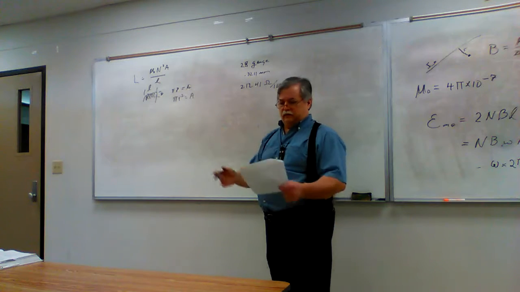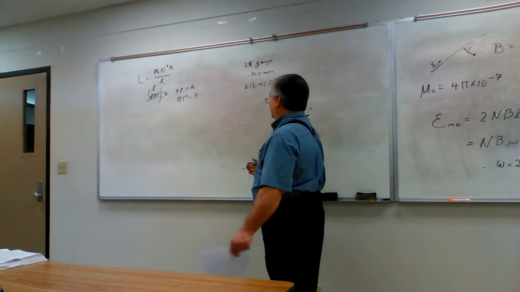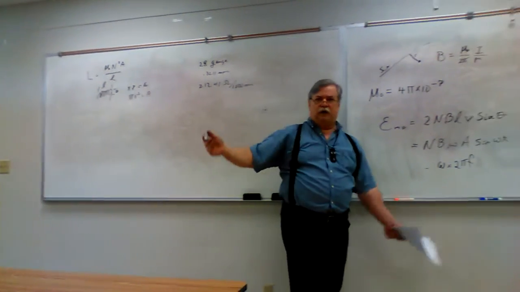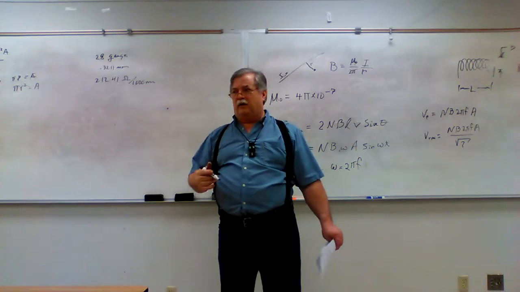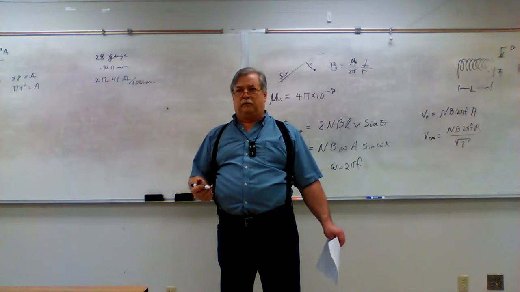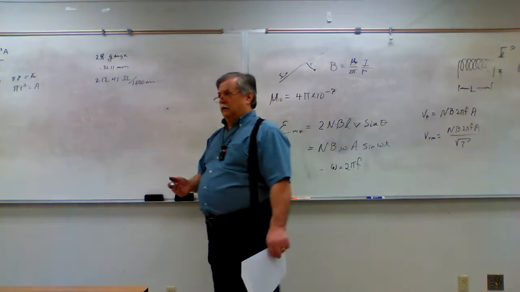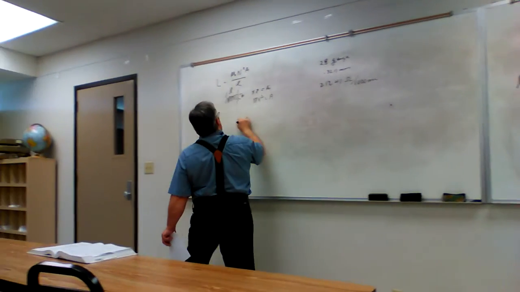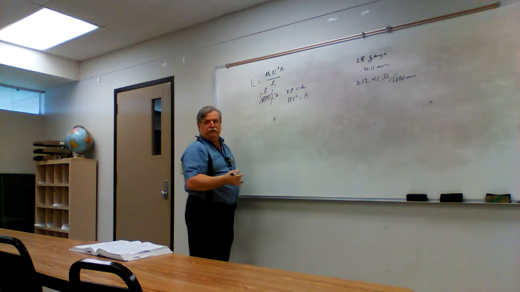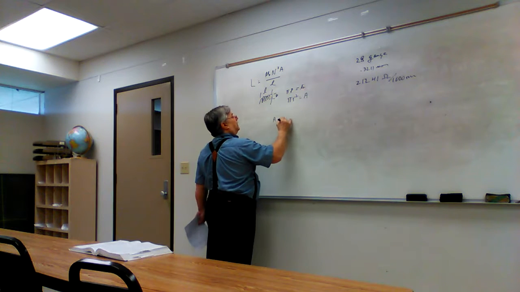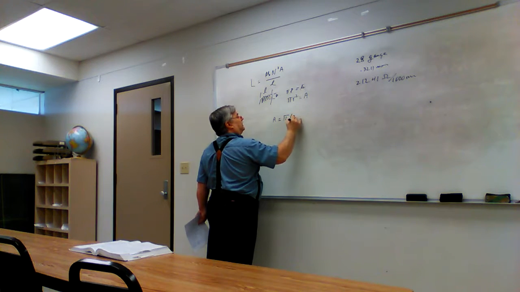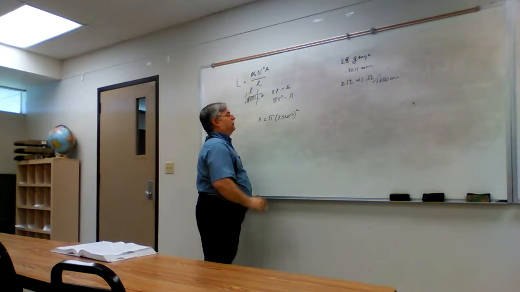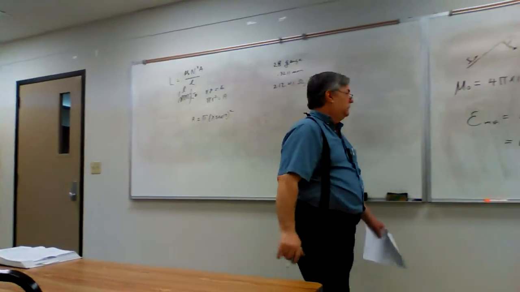You're told to make an inductor of 100 loops on a diameter of 15 millimeters. What's the area? For the diameter of 15 millimeters, it would be pi times 7.5 times 10 to the minus 3 squared, in meters, your area.